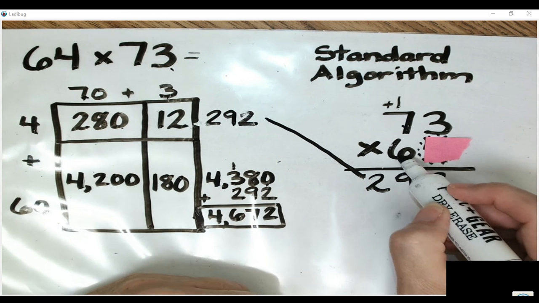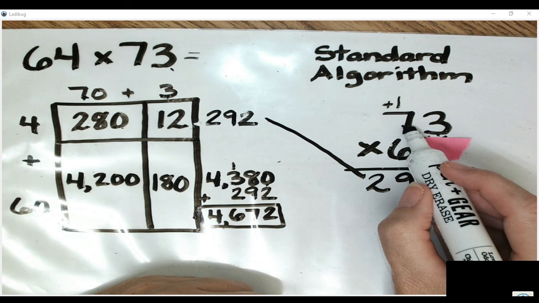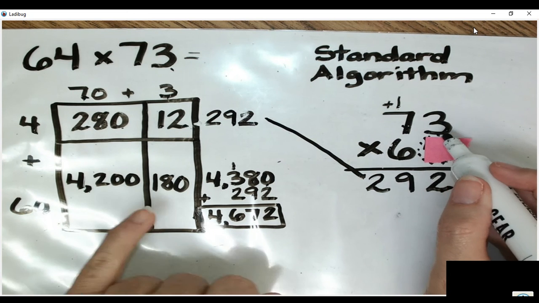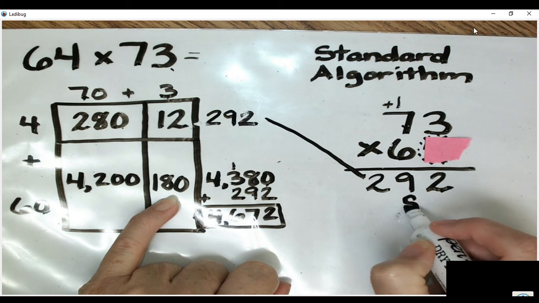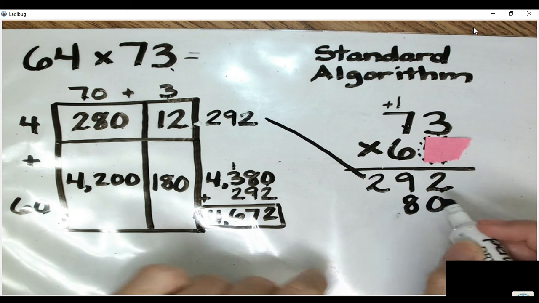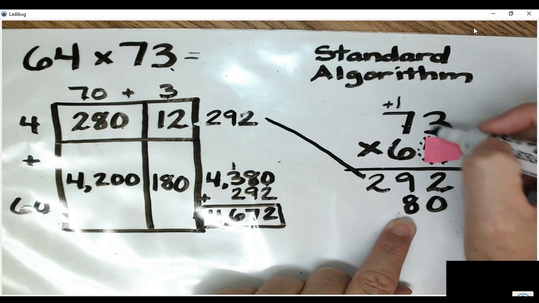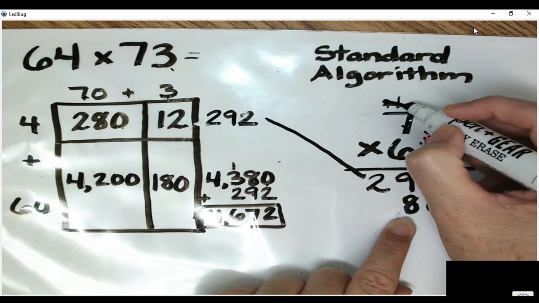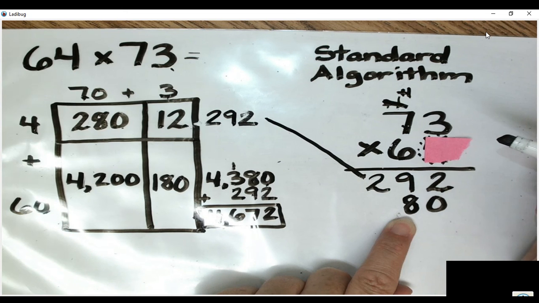So we're going to do 60 times 3 and 60 times 70. So 60 times 3 is 180. Well, I can put down my 80, but I can't put my 100 here. I need to carry that. Now, we've already dealt with that plus 1. So we need to carry another 1.